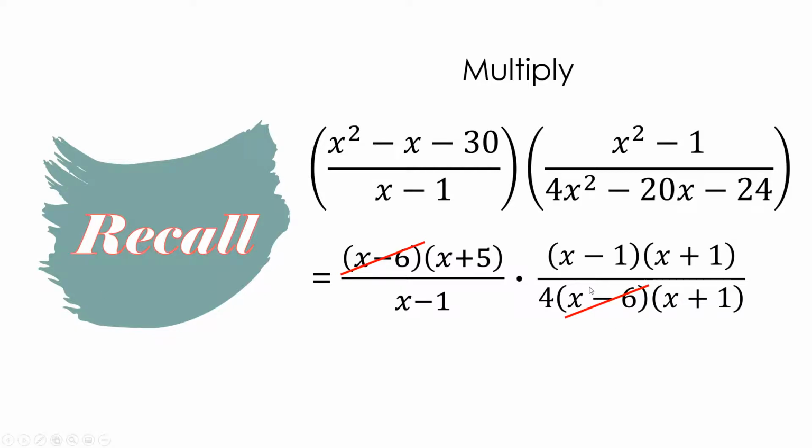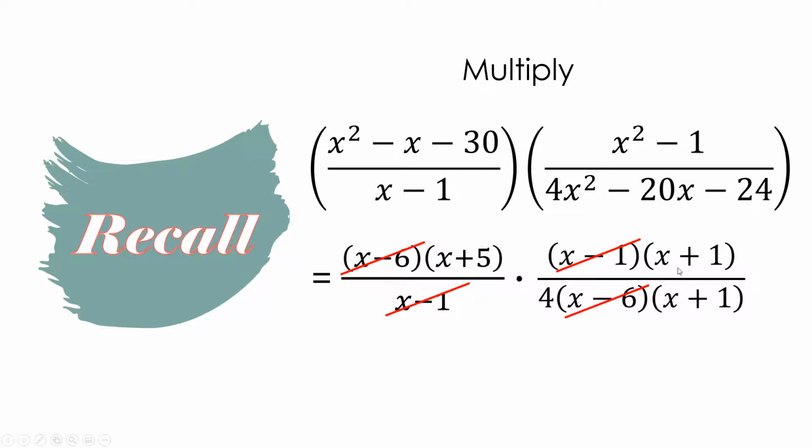Another, do we have a common factor in the denominator for this term, x plus 5? None. So it has no common factor. Another, do we have a common factor in the denominator with this x minus 1? Yes. That one.